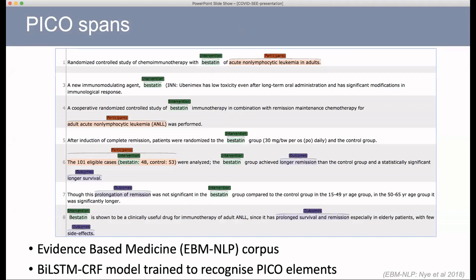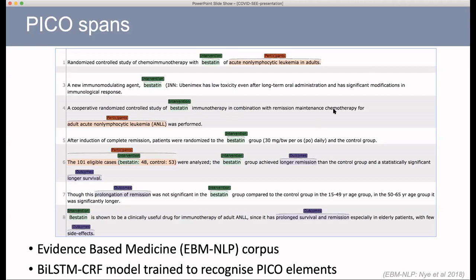We have a resource that was made available by Byron Wallace and colleagues, which actually annotated a number of biomedical articles specifically for this notion of PICO. And so they provided the EBM NLP, the evidence-based medicine NLP corpus, which has interventions and participants or population, and outcomes all labeled.